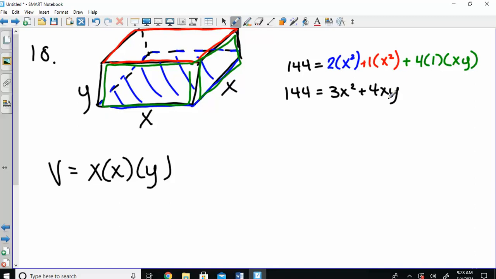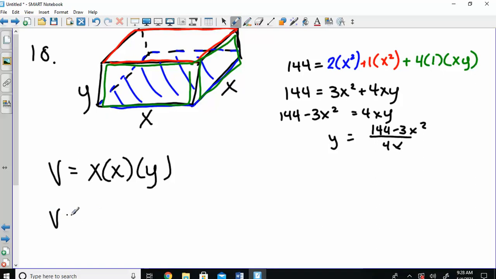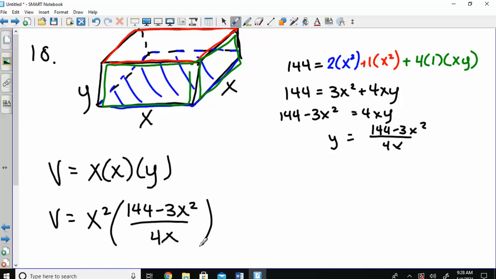Is everybody with me so far? So if I want to solve for y, we do 144 minus 3x squared. So y is 144 minus 3x squared over 4x. So we will plug that in for the y.